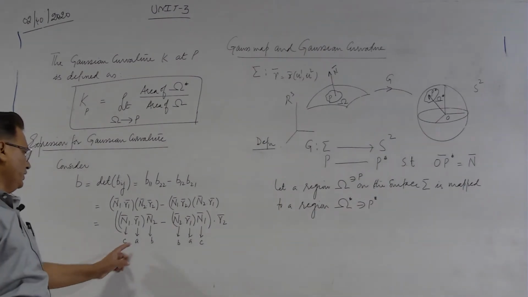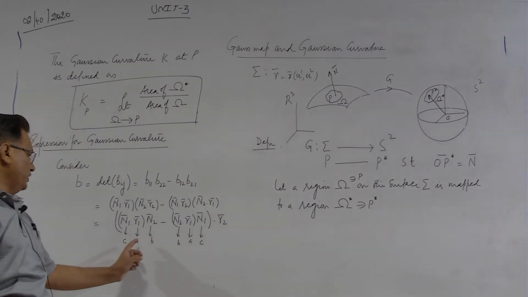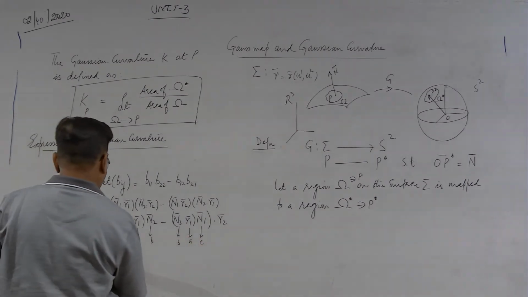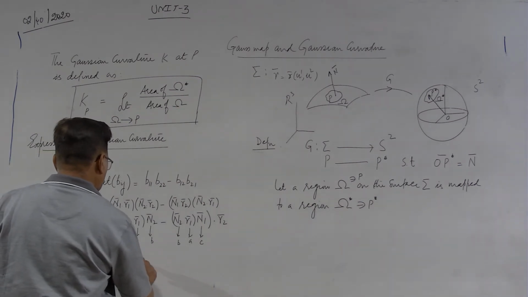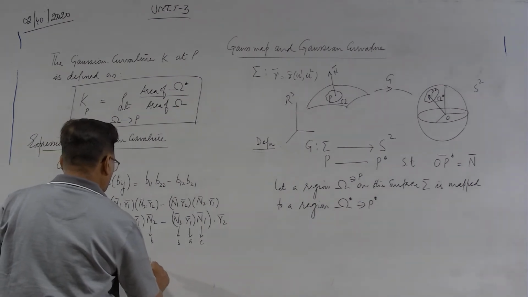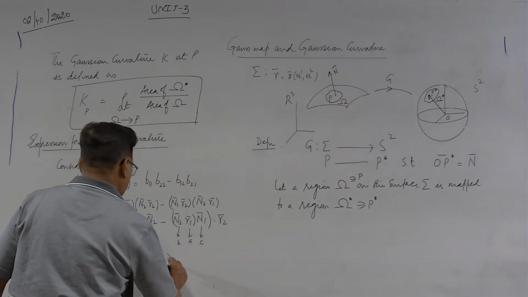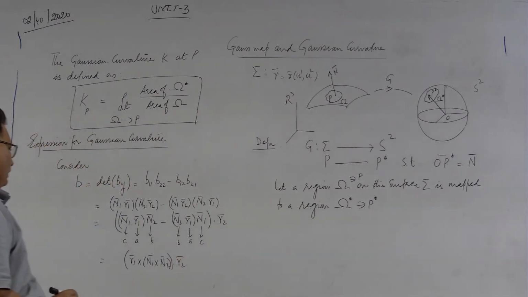A dot C into B minus A dot B into C. So, this is the cross product of r1 cross n1 cross n2, and this whole thing dot r2.